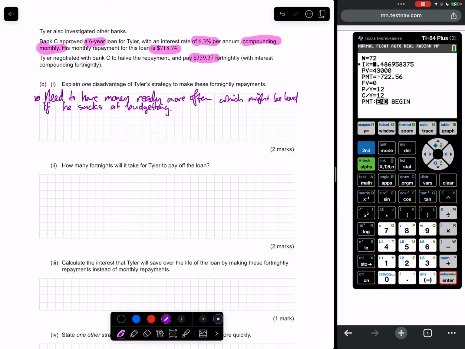With the monthly one, you've got twice as long, or slightly more than twice as long, to ensure your money's in order. Here, every fortnight you have to be ready. What else?